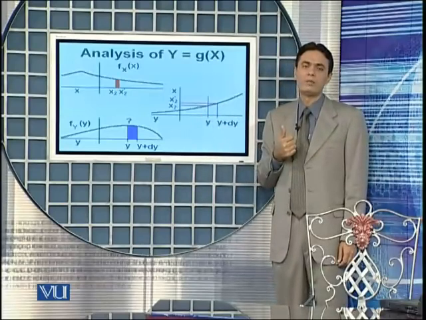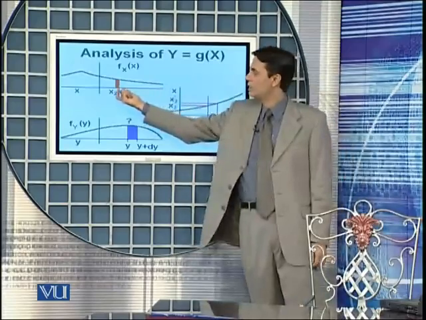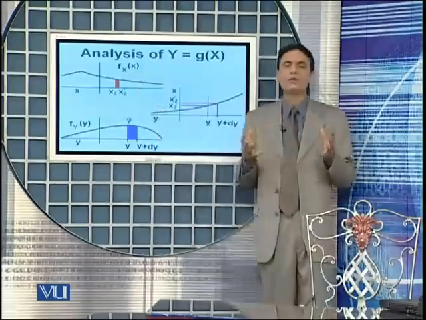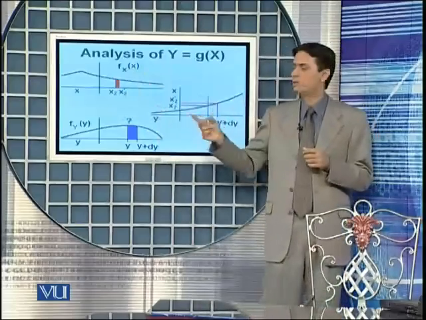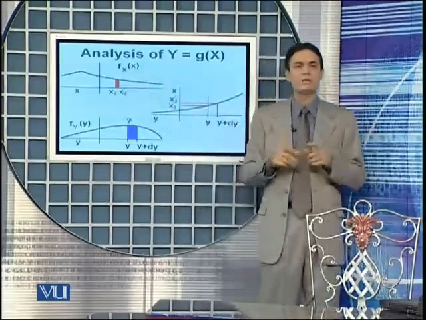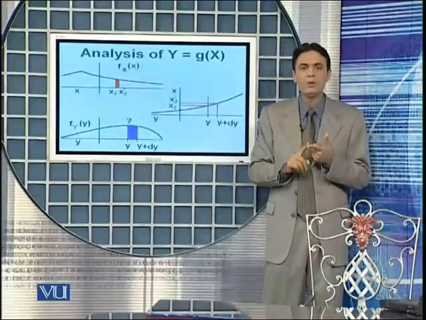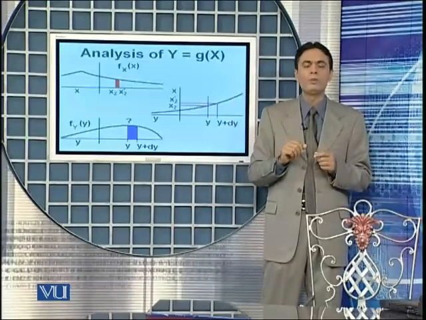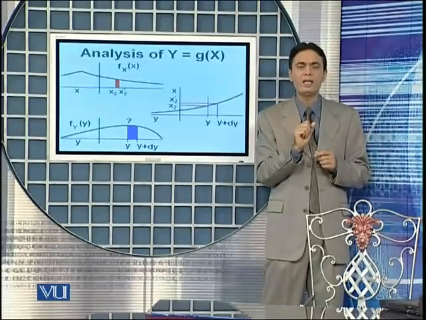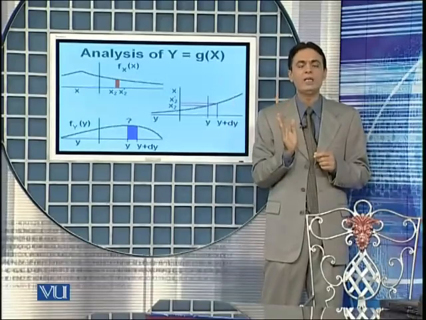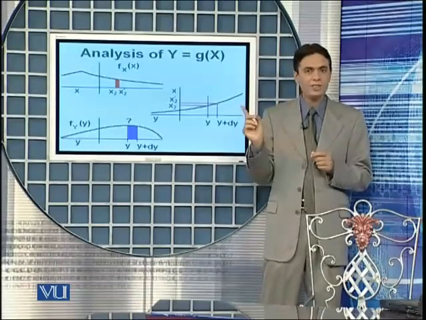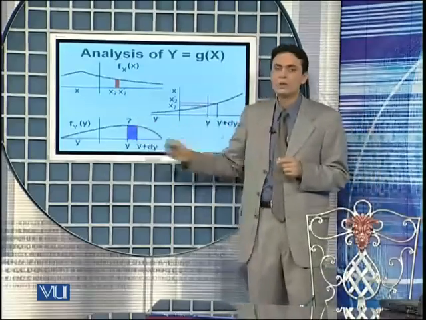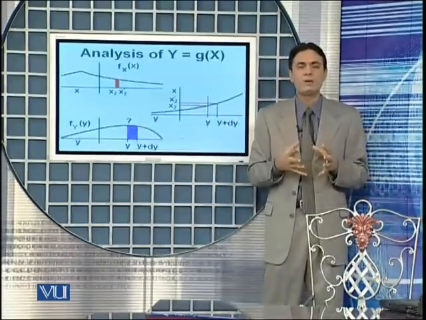multiplied by dy. So if we know this interval, we know the value of the PDF at point x2, we can find the probability of this event on this sample space of x, which comes out to be value of PDF of x at point x2 multiplied by dy multiplied by the value of the derivative of h at this point y, where we are trying to find the PDF of y.